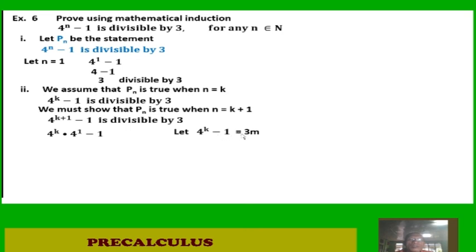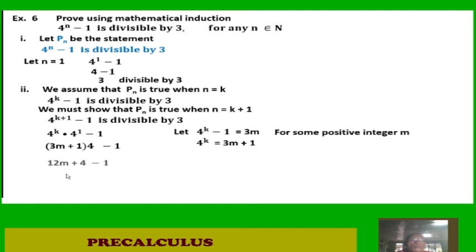Next, from our statement, 4 to the k minus 1 is divisible by 3. Let it be equal to 3m for some positive integer m, because this is divisible by 3, so one of its factors is 3. Then solve for 4 to the k. Transfer negative 1 to the right and it becomes positive. After that, this 4 to the power of k is replaced by 3m plus 1. 3m plus 1 times 4 minus 1.